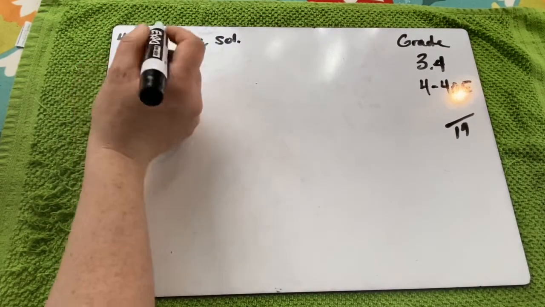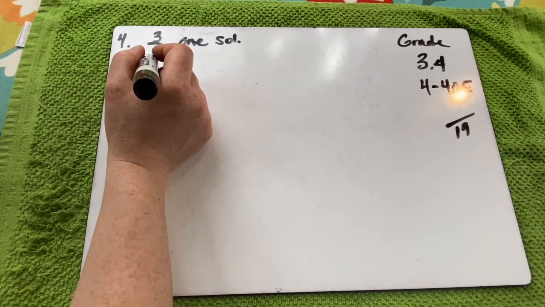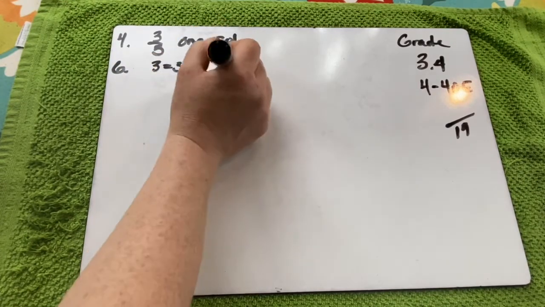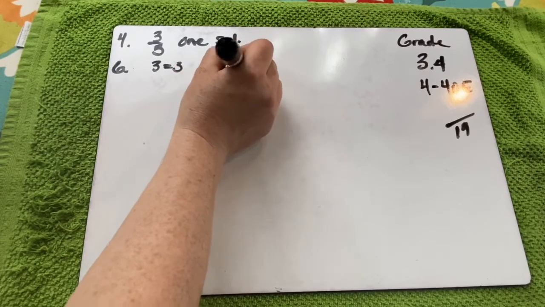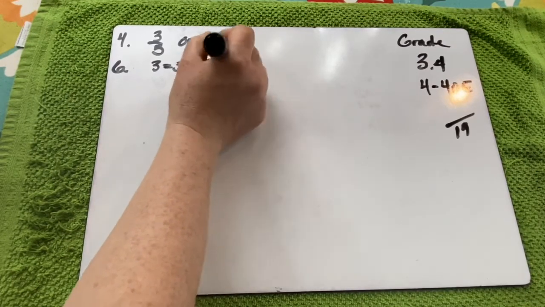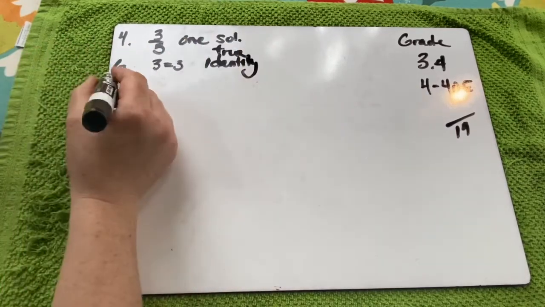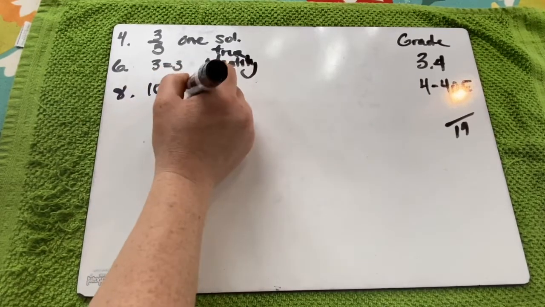Number 6, you should have got it to just 3 equals 3, which is, they're all real. It's an identity. Or it's true, I think is how they did it. Okay. Number 8, you should have got to 10, which is one solution.